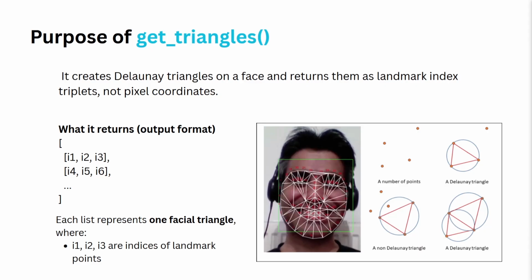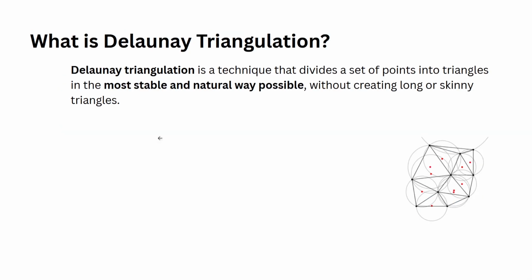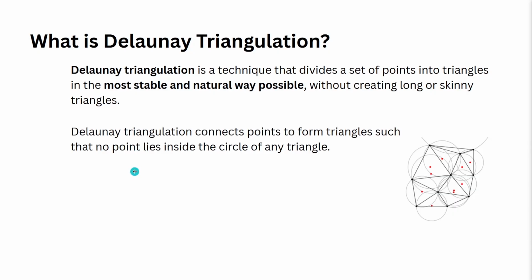Now let's try to understand what Delaunay triangulation is. Delaunay triangulation is a technique that divides a set of points into triangles in the most stable and natural way possible, without creating long and skinny triangles. In a simple definition, Delaunay triangulation connects points to form triangles such that no point lies inside the circumcircle of any triangle.